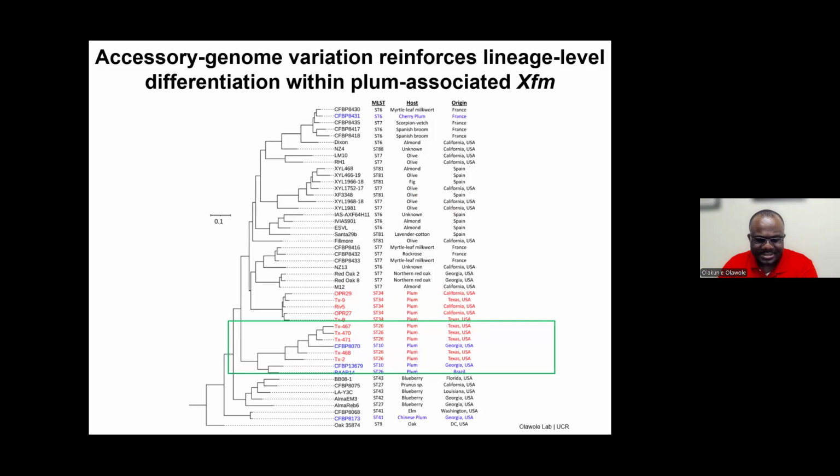So this clustering suggests that the plum-associated strains from different regions may share lineage-associated ancestry genes, despite geographic separation. So overall, the ancestry genome appears to be a reflection of the shared evolutionary history and also the gene content among the identified lineages, rather than just the geography alone.